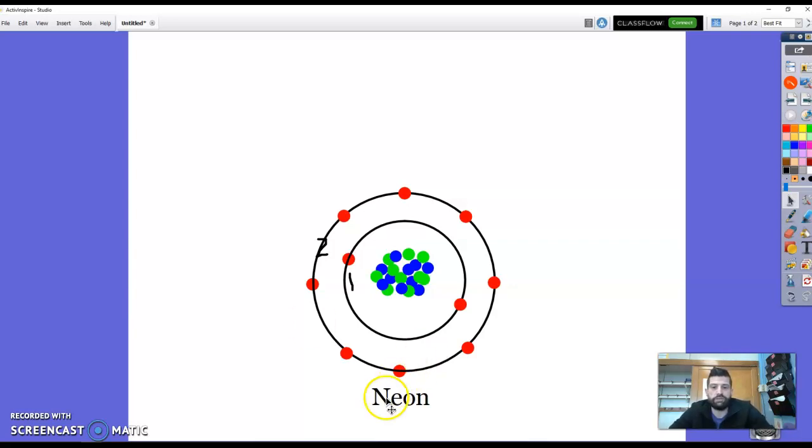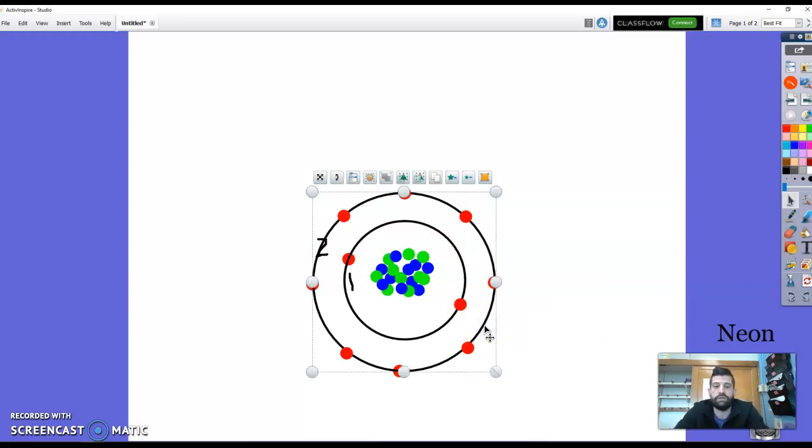Let's say that we move up one notch on the periodic table, to one more electron. I believe it is potassium. Not sure on that off the top of my head, actually. So let's say we're going to add that next ring.